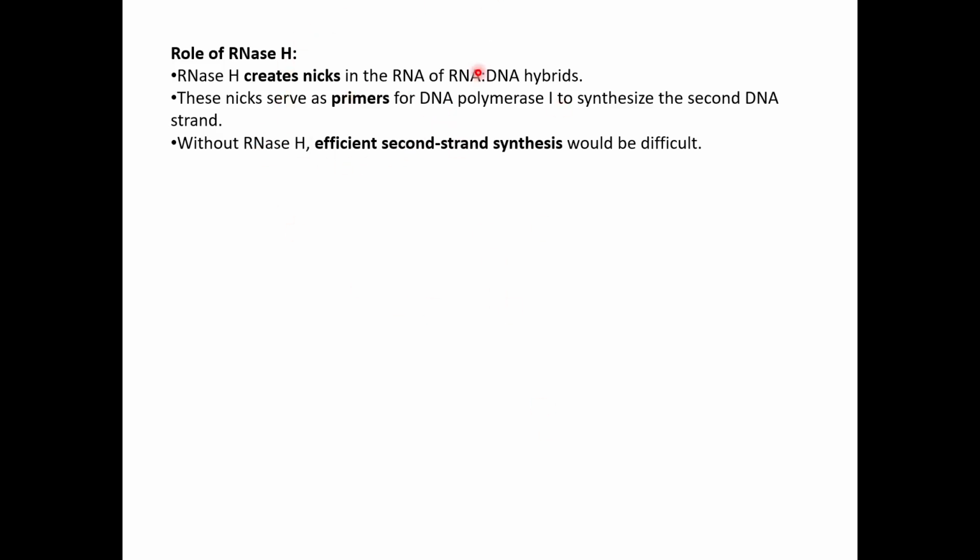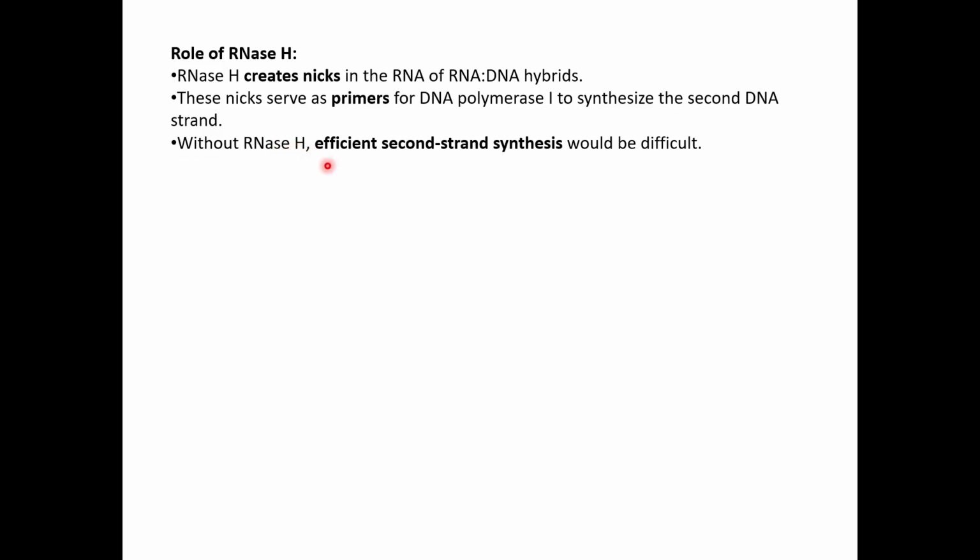Basically we use RNase H to break the RNA DNA hybrids so that the cDNA can be used for second strand synthesis. RNase H creates nicks in the RNA of RNA DNA hybrids. These nicks serve as primers for DNA polymerase 1 to synthesize the second DNA strand.